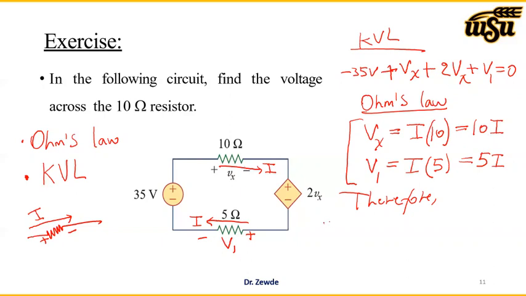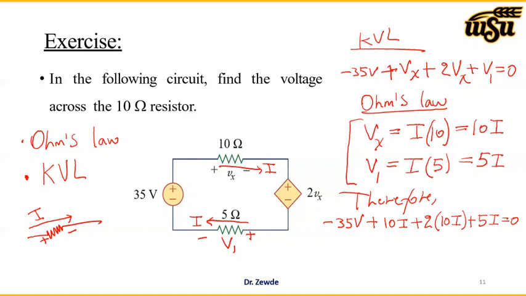In the KVL, we have minus 35 volt plus Vx, now Vx is 10I, plus 2 times Vx, again Vx is 10I, plus V1, V1 is 5I, that should be equal to 0.